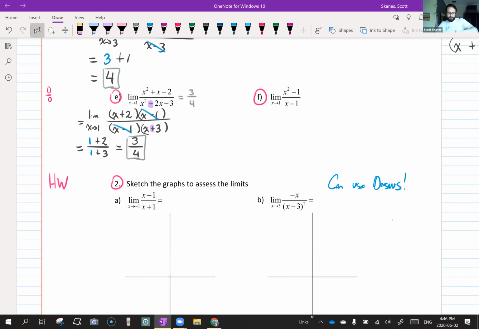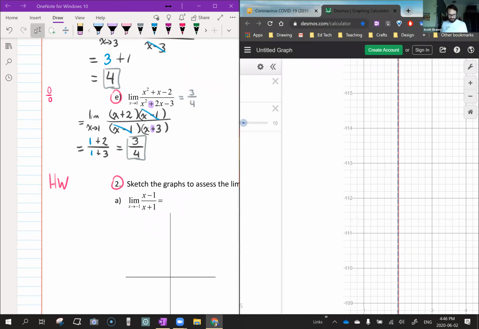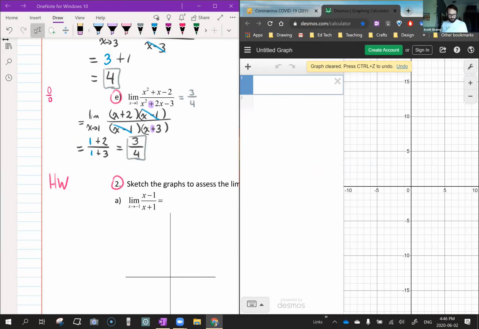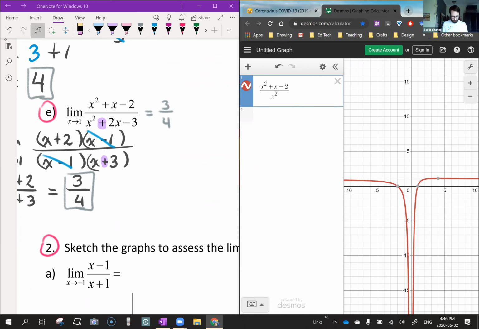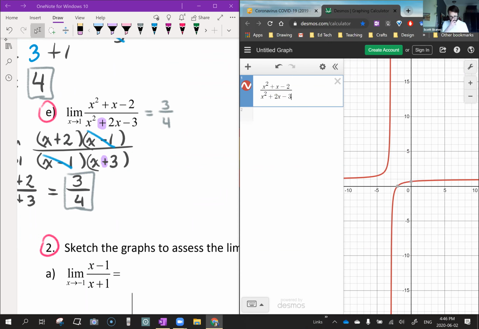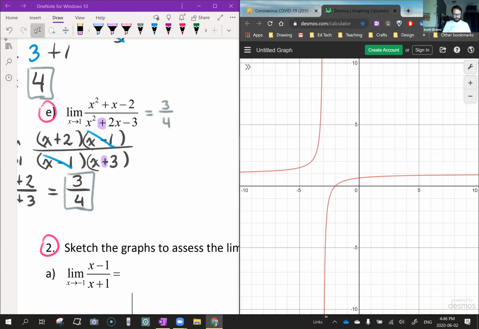I do want to graph it though, because I have a thing for graphing, as you know. And the more you graph, the more you understand these math concepts. So let me just graph this. Plus x minus 2, x squared plus 2x minus 3. Okay, this is our crazy looking function. What I know is that something weird is happening at 3 over 4, I think.